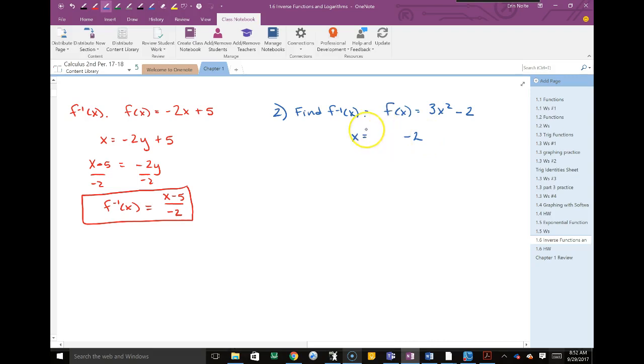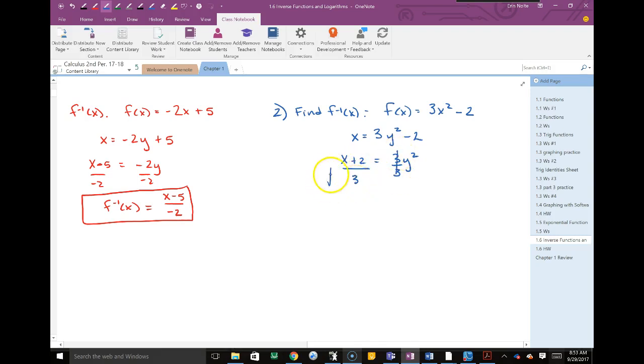Sorry. I was looking back at the last equation. 3y squared minus 2, thank you. Okay, so now how would I isolate the y? What would my steps be? Add 2, so I have x plus 2 equals 3y squared. Then what? Divide by 3, good.